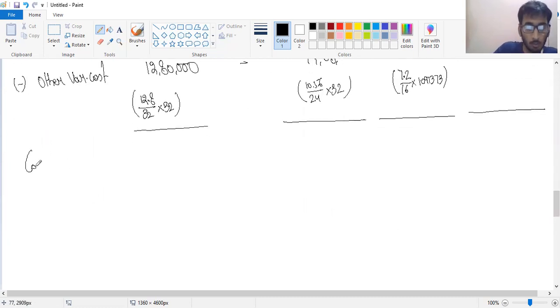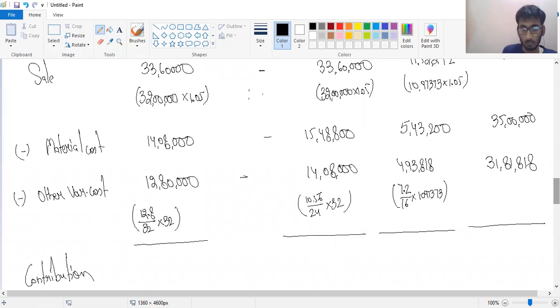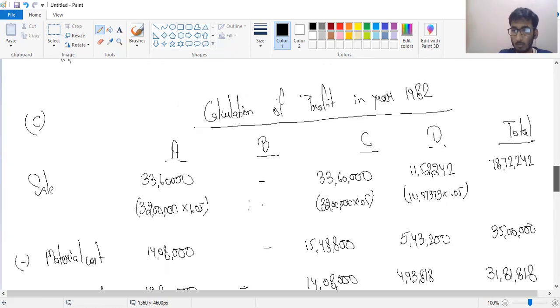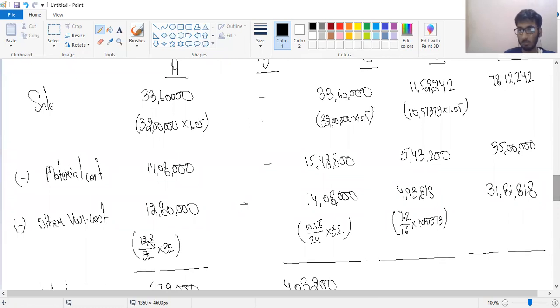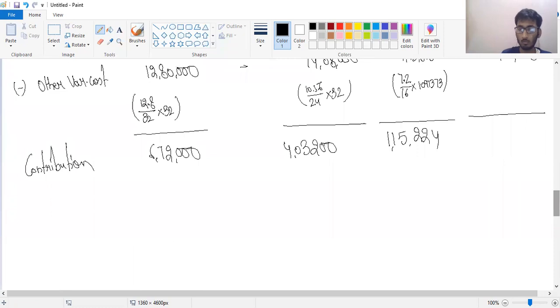So what is the figure of contribution? It is 672. So we have calculated the contribution.